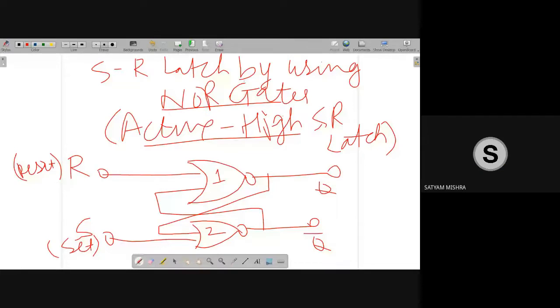Okay. Now here, if you see properly, these NOR gates are cross coupled to each other. ये जो दिख रहा है ना, these are called as cross coupled. Cross coupled का क्या मतलब होता है?